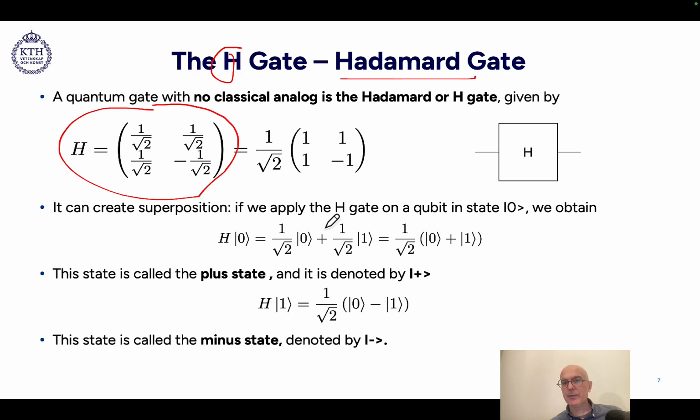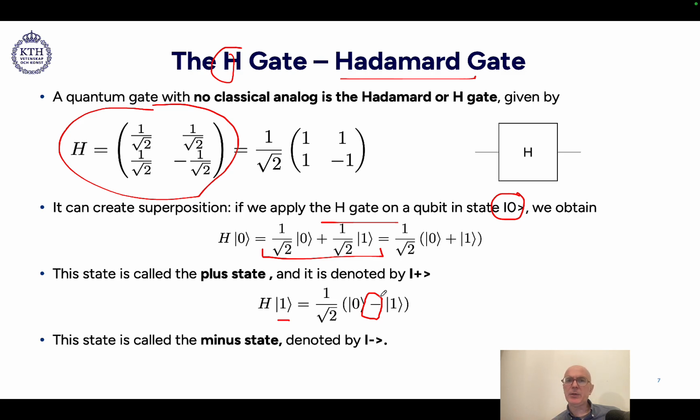So if we apply the H gate on a qubit in state 0, this classical state we can give as an input, the resulting state vector is an equal superposition of state 0 and 1. If we apply the Hadamard gate to state 1, we obtain again a superposition, but look here, we have a difference in the sign. To summarize, the Hadamard gate allows us to go from a classical state or classical bit to a superposition of states.